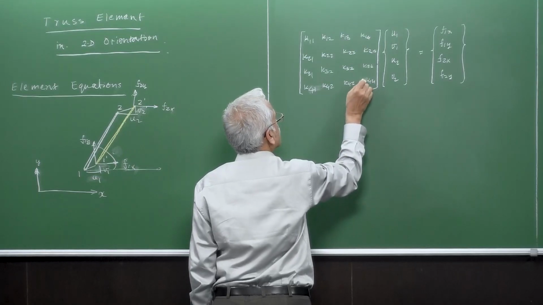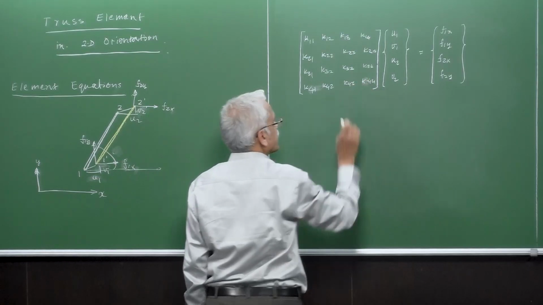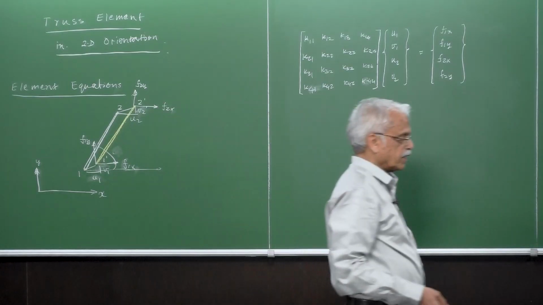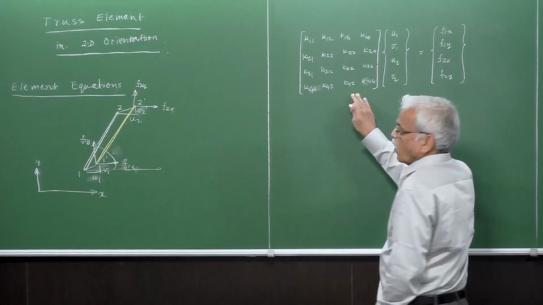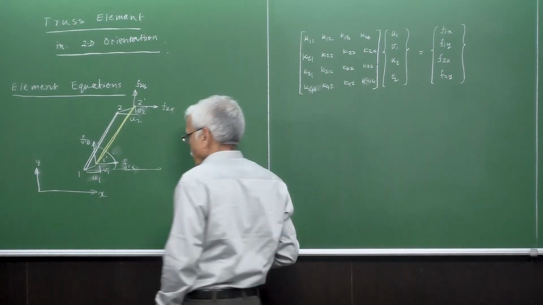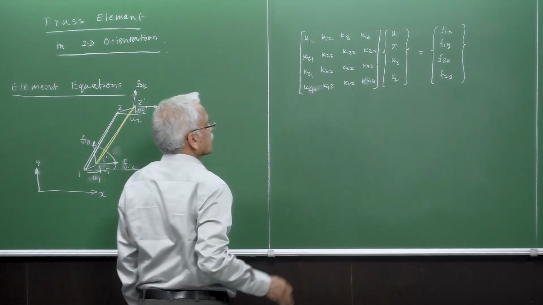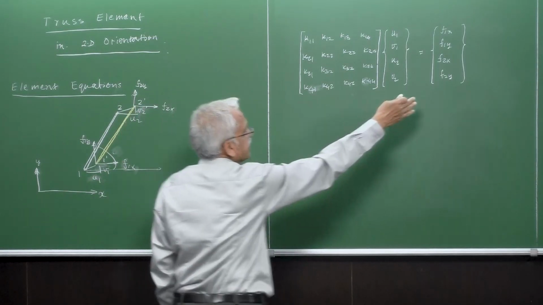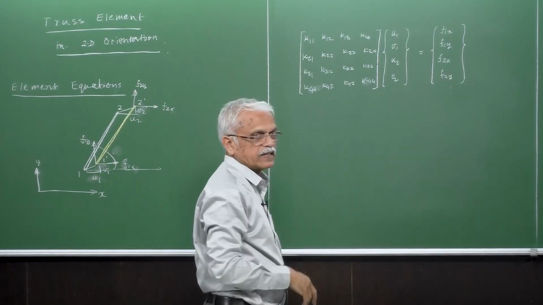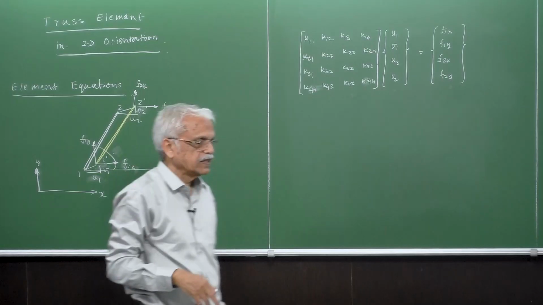Okay, so this is the 4 by 4 matrix, which we call the stiffness matrix. So our task is to find out all these 4 by 4 elements. That means that if you know the forces, you can calculate displacements if you know the stiffness. This is called the stiffness matrix.